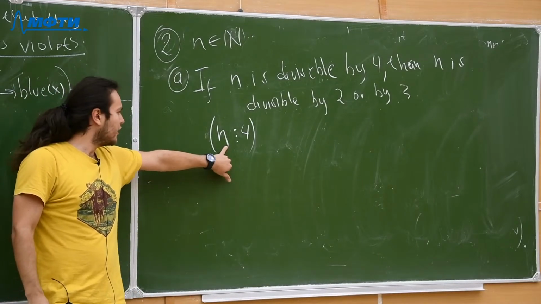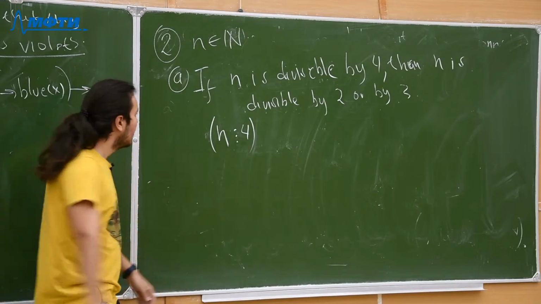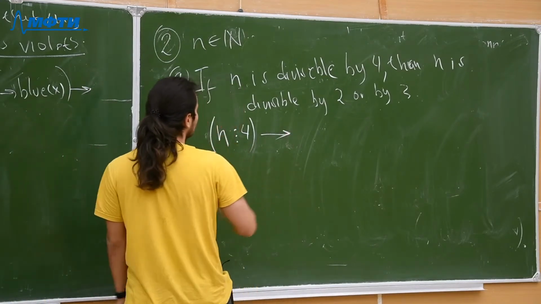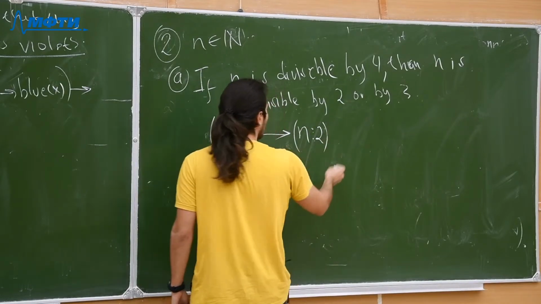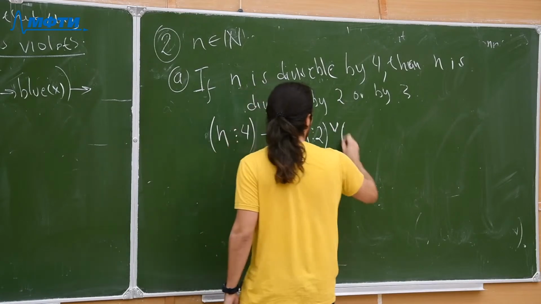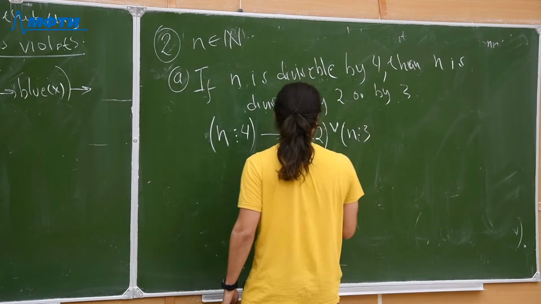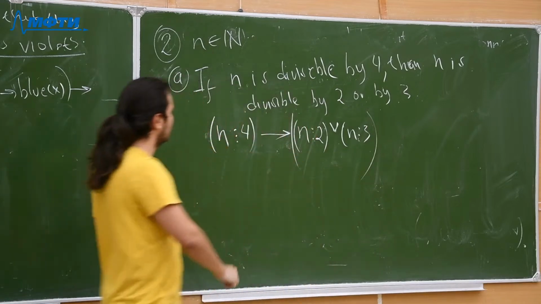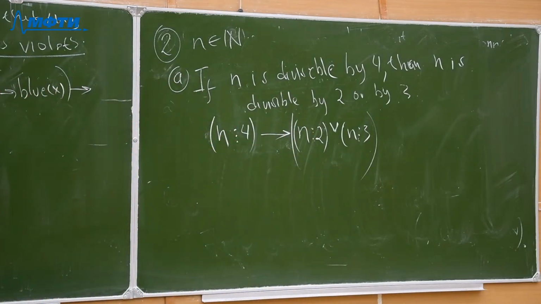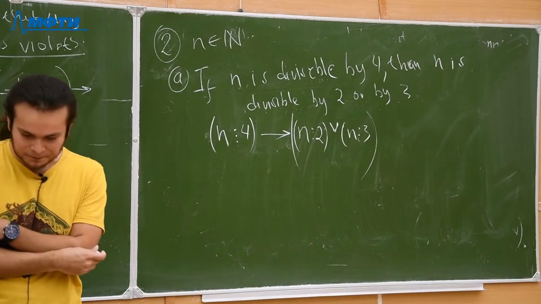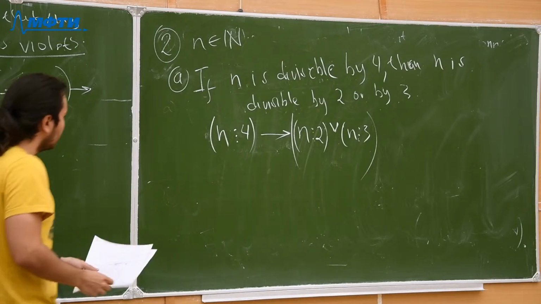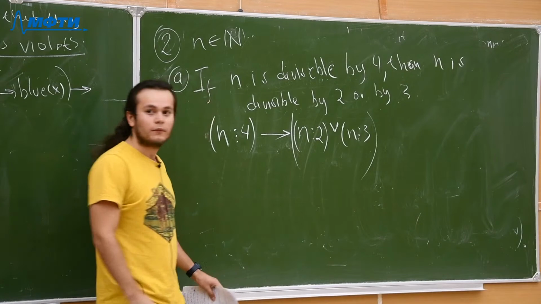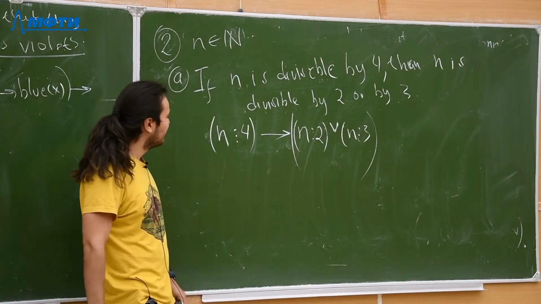N can be divided into 4. Then n can be divided into 2, or n can be divided into 3. Right? Is it true or false? Why? Okay, it's true, yes. But why?